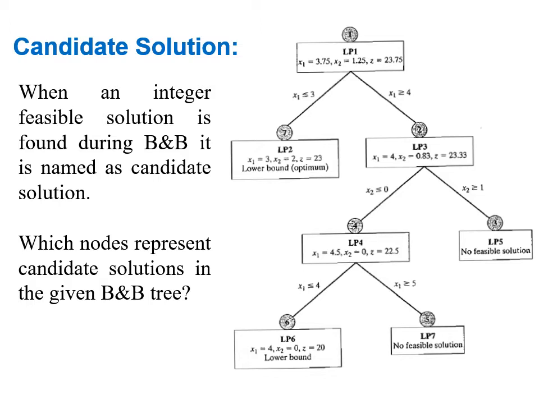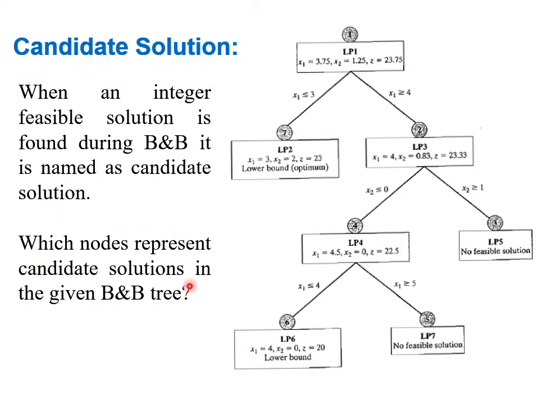All problems that we solve are linear programs, and we solve them using the simplex algorithm. But sometimes the solution to these linear programs can be integer feasible. So whenever we have an integer feasible solution, then that solution is named as a candidate solution. So this is the meaning of candidate solution.